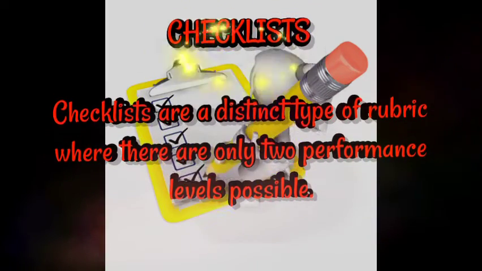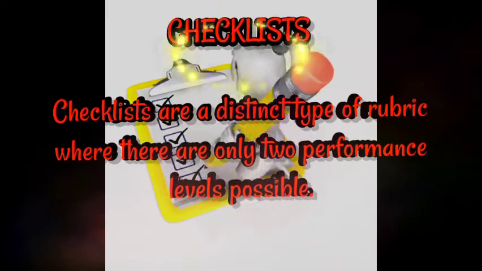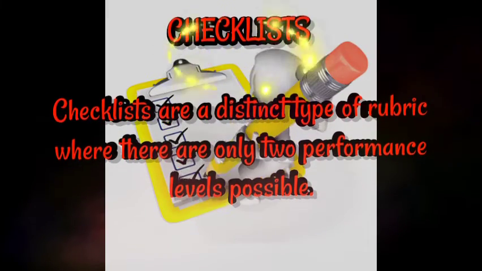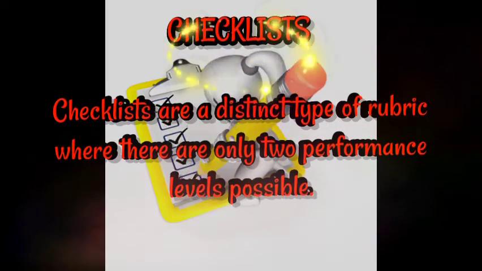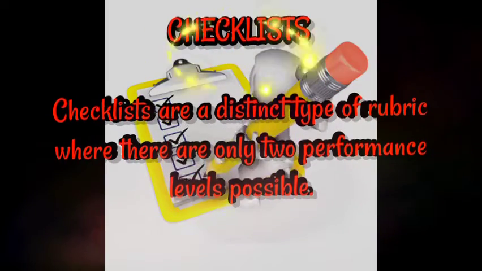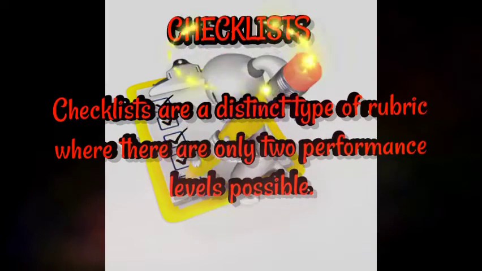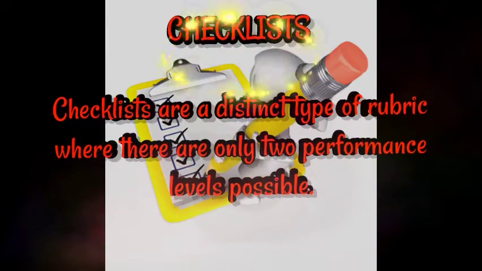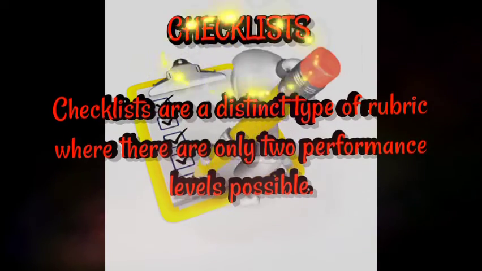When you are using a checklist, every decision is binary. It's either yes or no, present or absent, pass or fail, and so on. Most rubrics can be converted rather directly into a checklist. For example, here is a rubric for grading journal entries.